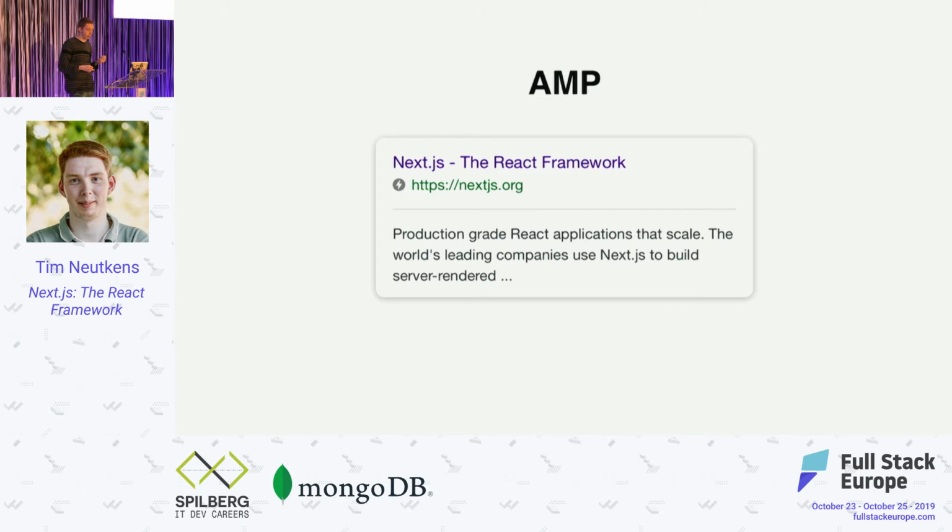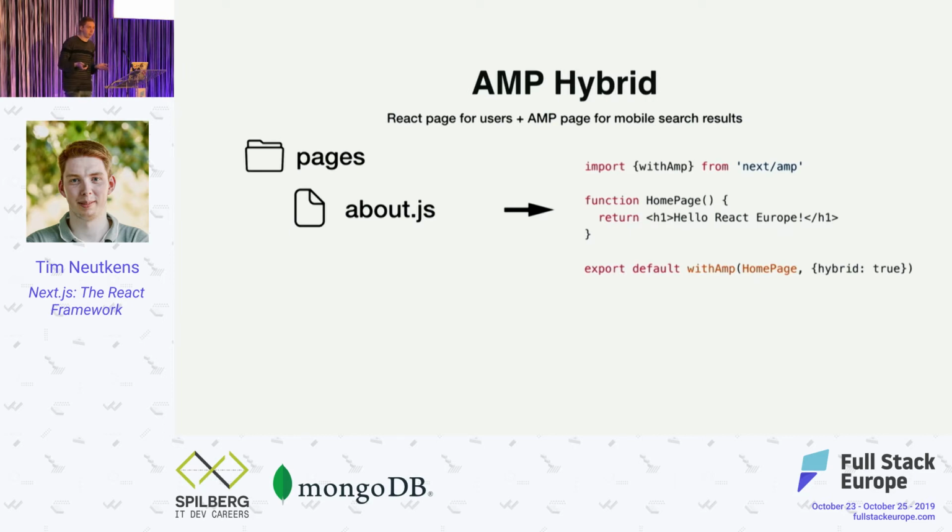And there are two ways to use AMP inside of Next. The first is AMP hybrid, which means you have your normal Next app, and then next to it you render another AMP page. So this works for when you already have your Next app built out, and then you want to build your AMP pages, if you want to opt into it.